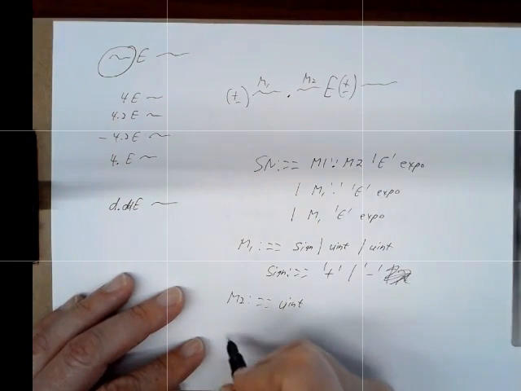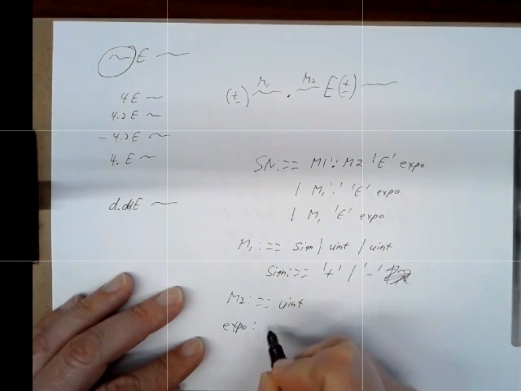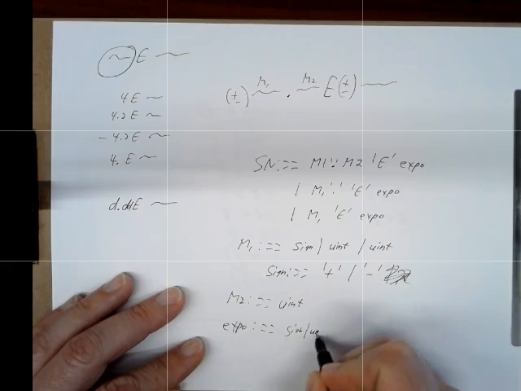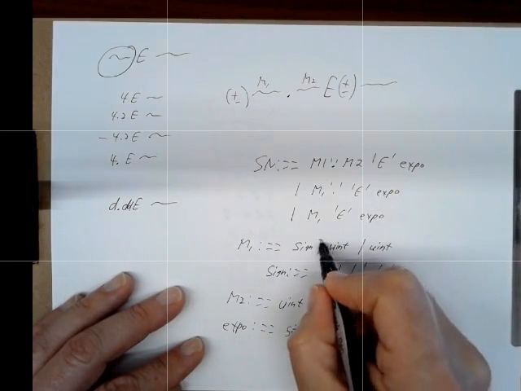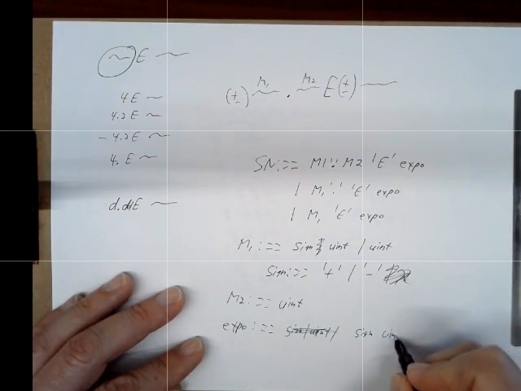And then our exponent is a sign followed by an unsigned int, or just an unsigned int.